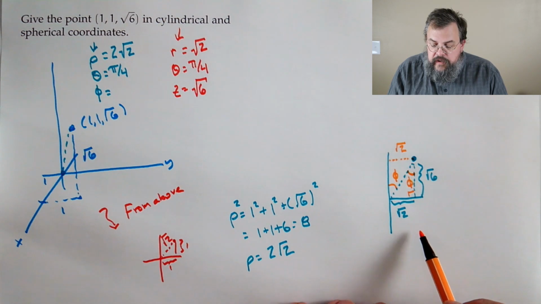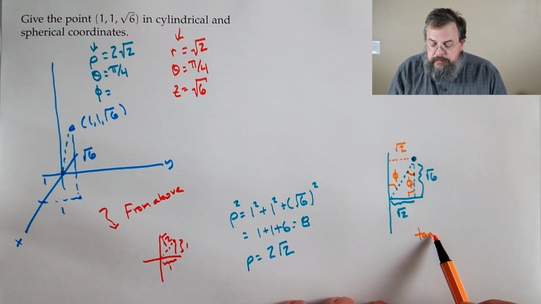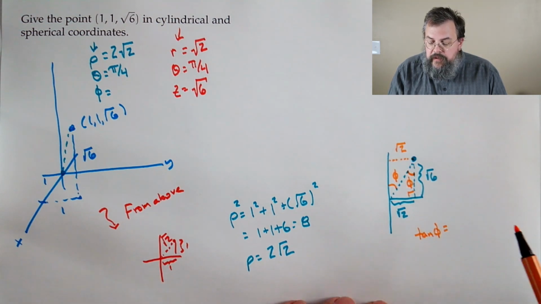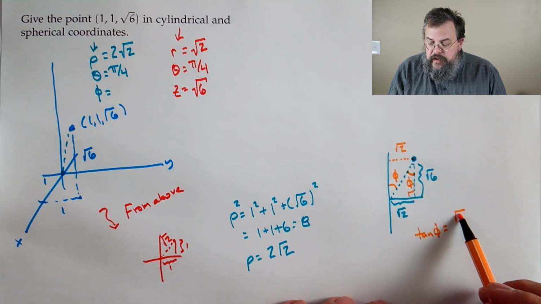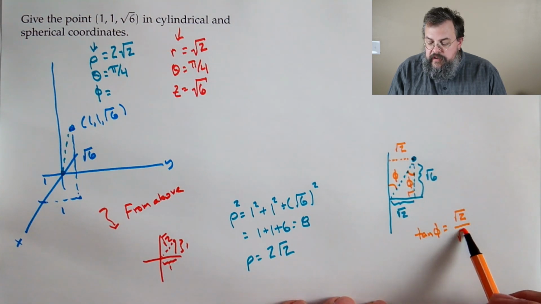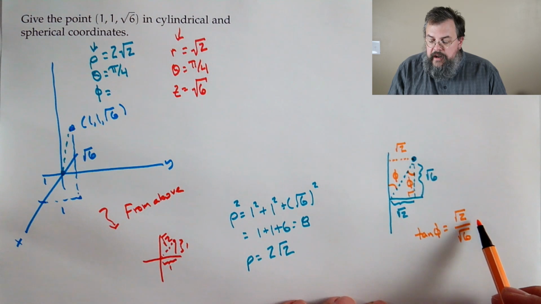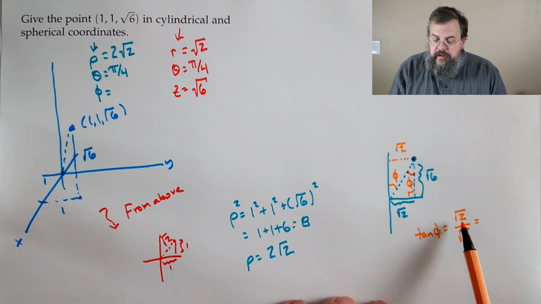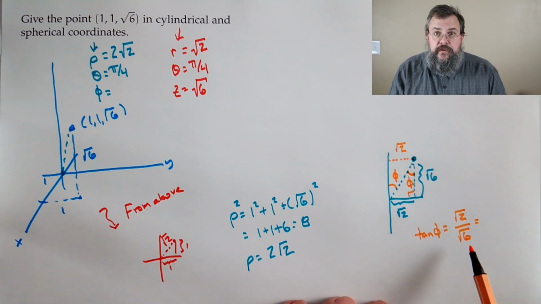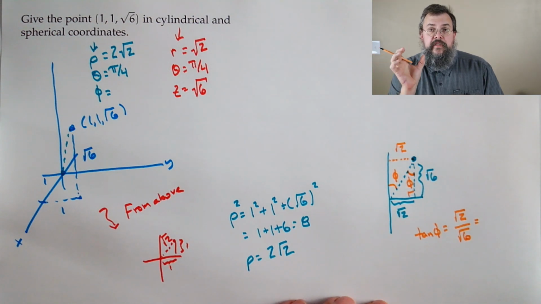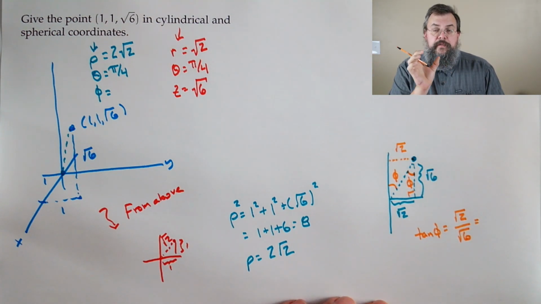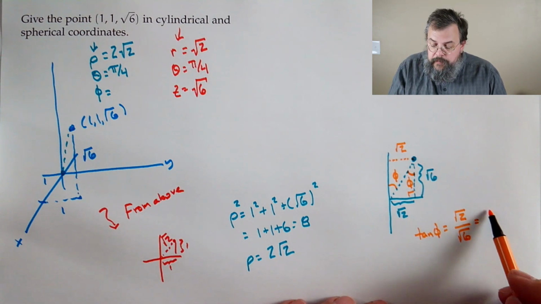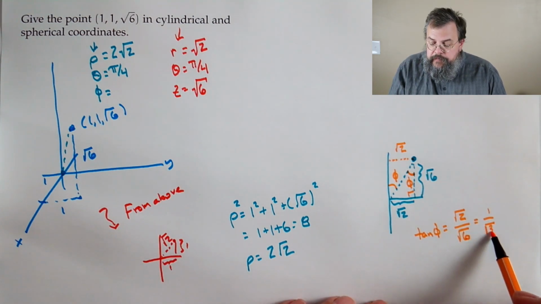So our conclusion is the tangent of phi is equal to the opposite, square root of 2, over the adjacent, square root of 6. Now, if you clean this up, you see 2 and 6 both have factors of 2, so you can break the square root of 6 downstairs into square root of 2 times square root of 3. Cancel, and this is really 1 over root 3.